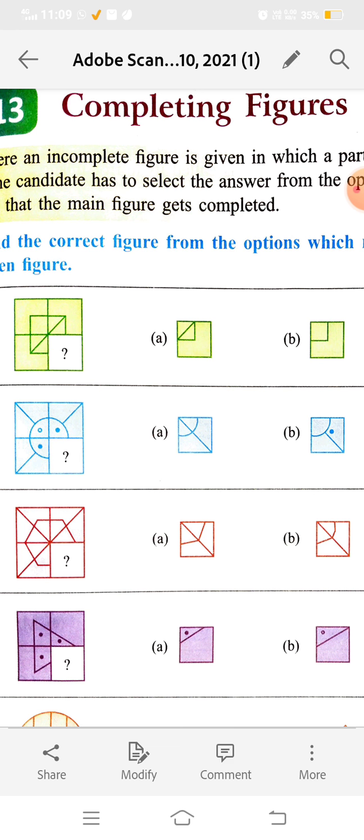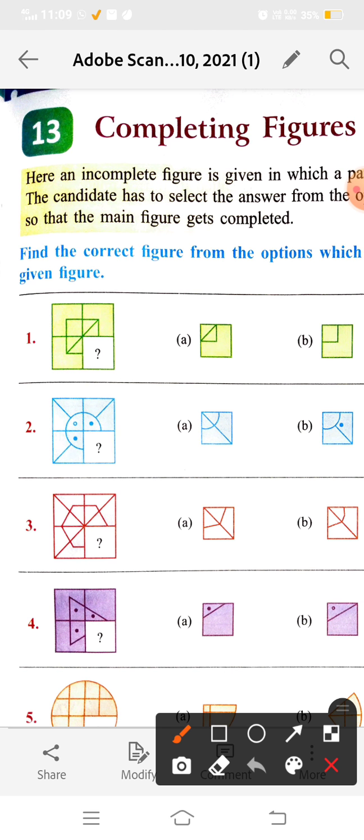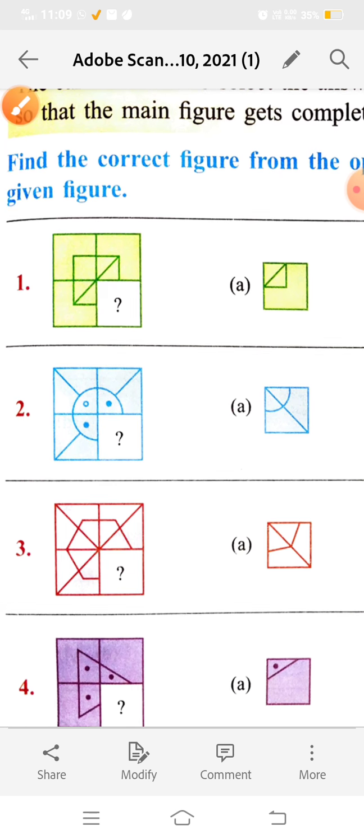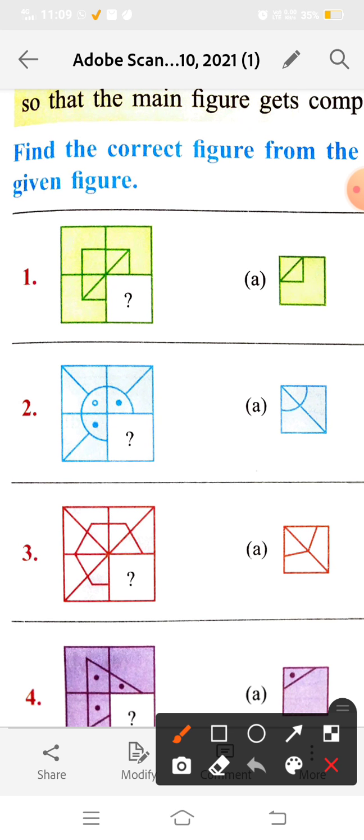Now see question number 2. Question number 2, we have 4 squares. This figure also contains a circle, but 1/4 part is missing. So firstly we will draw this and then find out which type of figure we need.